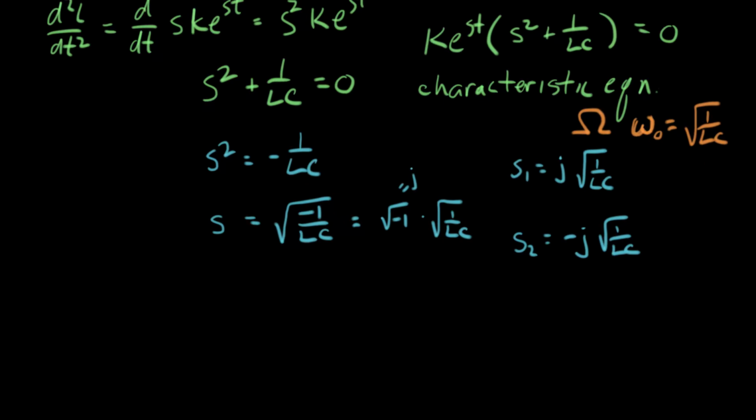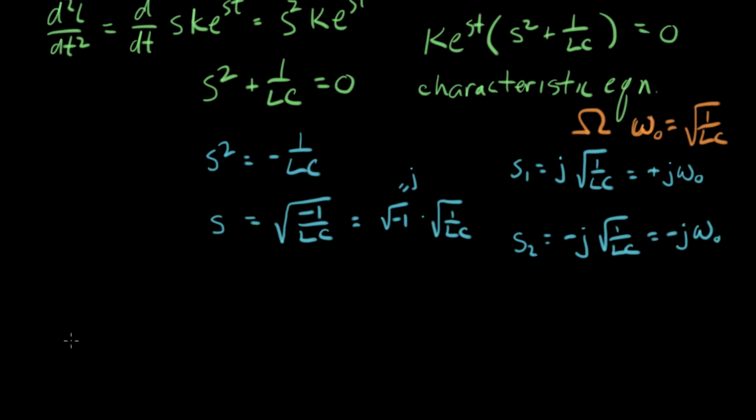So I can say that S1 equals plus j omega naught, and S2 equals minus j omega naught. We're going to use this notation for a little bit, but just remember I made that simple substitution. We have two different roots that can cause our differential equation to go to 0.